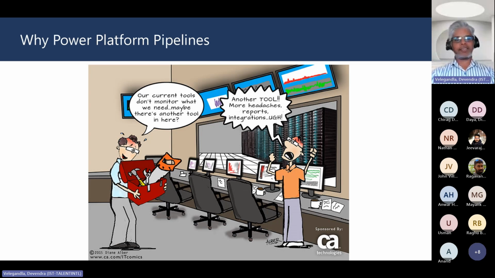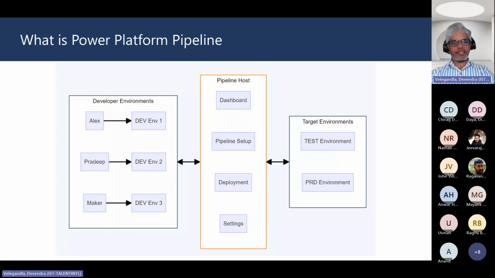Learning a different skill set is going to be a challenge for them. They want something within the platform that makes things easier rather than learning something new. That's where Power Platform pipelines is quite useful.